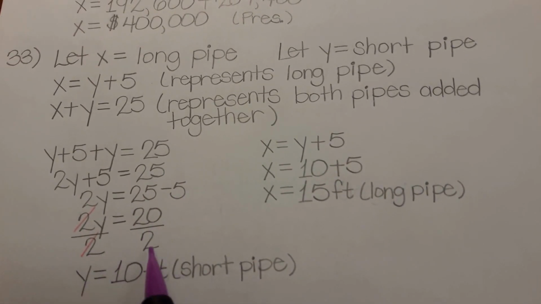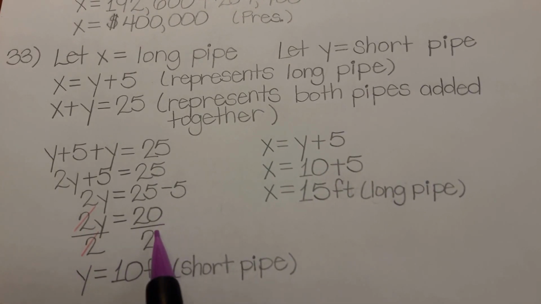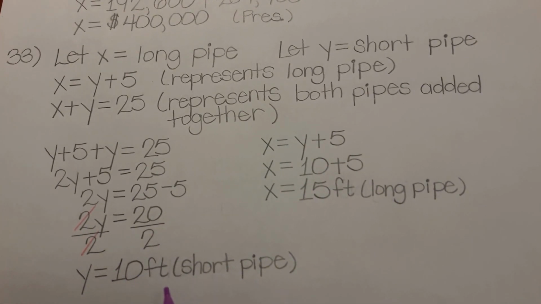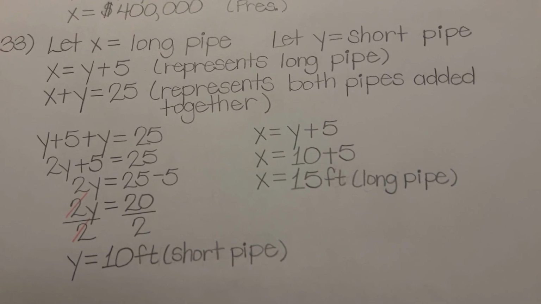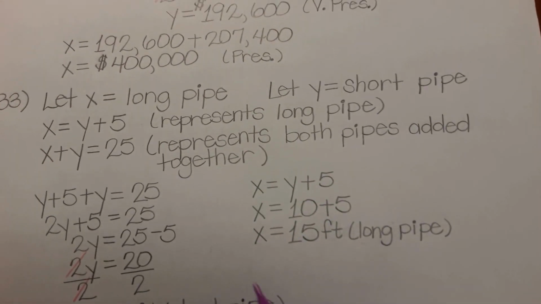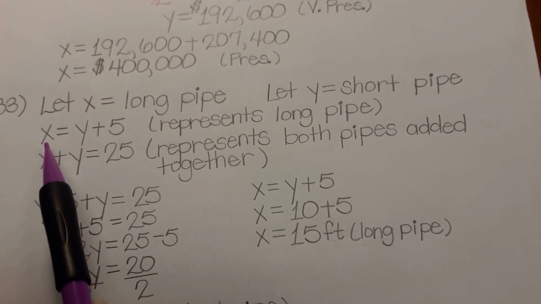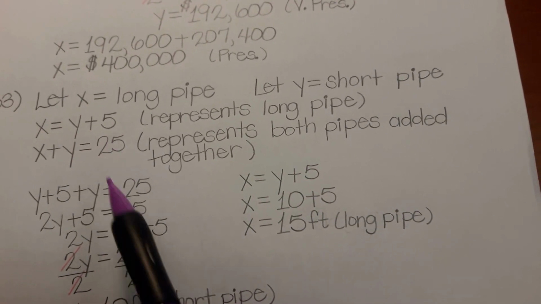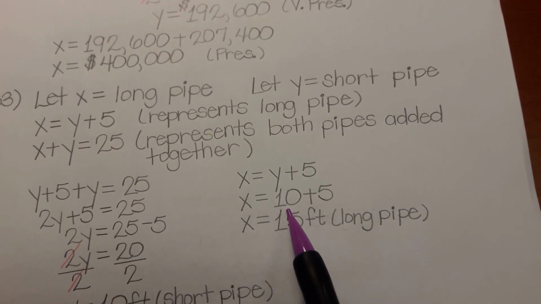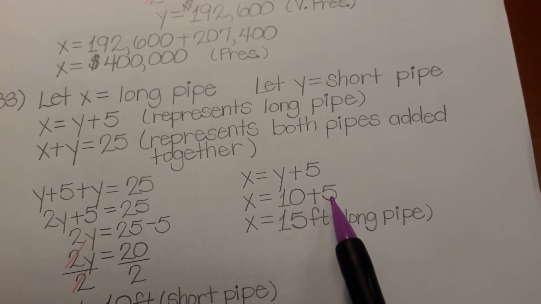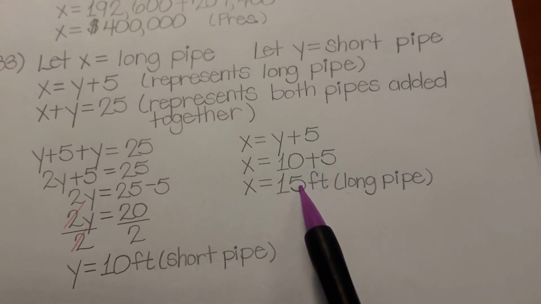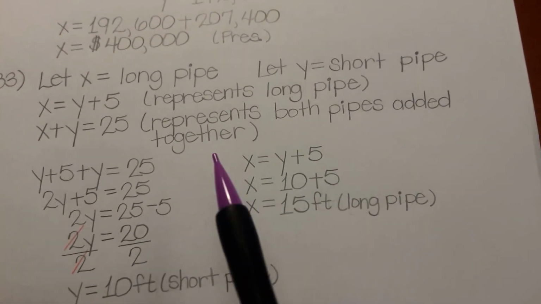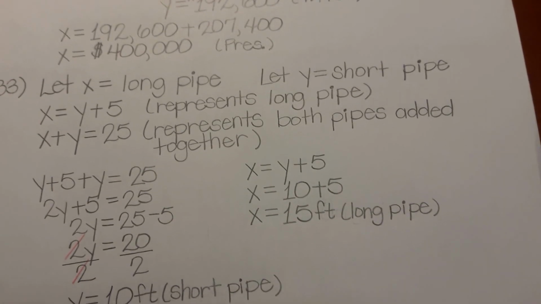I divide 2 on both sides, and 20 divided by 2 gives me 10 feet, which represents my short pipe. Now to do my long pipe, I have a formula for that, which is x equals y plus 5. I have 10 for y plus 5, which is 15. When I check, 15 plus 10 gives me my total, which is 25.